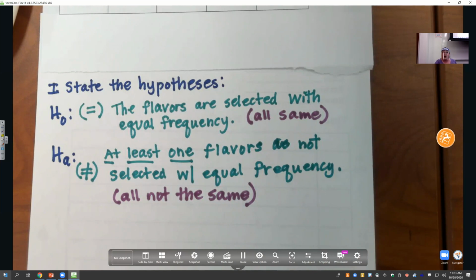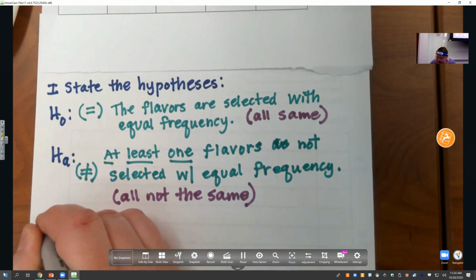Now, how you word that can vary from problem to problem, depending on what the scenario is. Okay, everybody okay? That's kind of the new little piece to this.